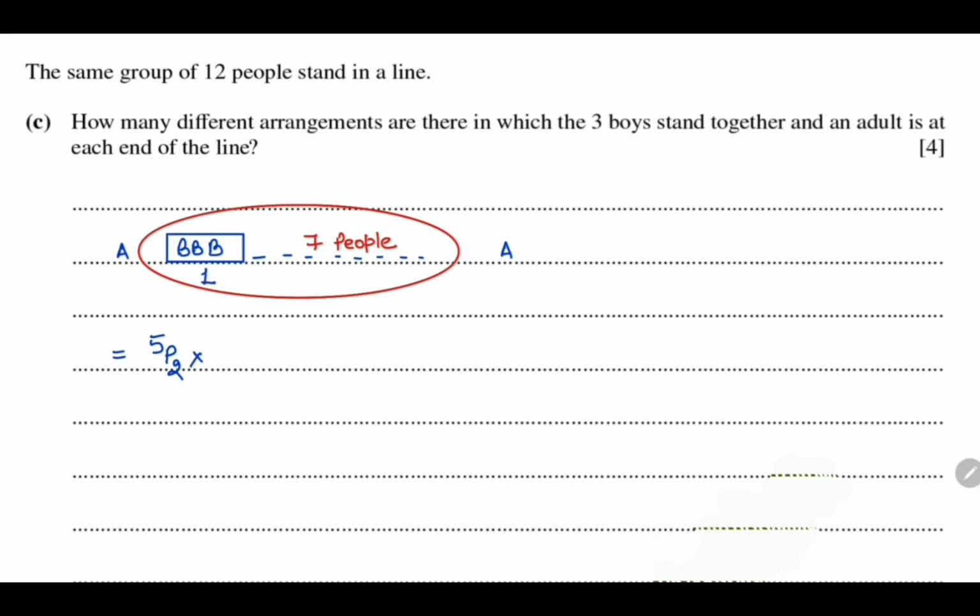As they are together, the total number of people in the middle is 8, and these can arrange themselves in 8 factorial ways. Also, the 3 boys can arrange among themselves in 3 factorial ways. So you can calculate the total. This is the method you have to follow. Let's move to the next question.